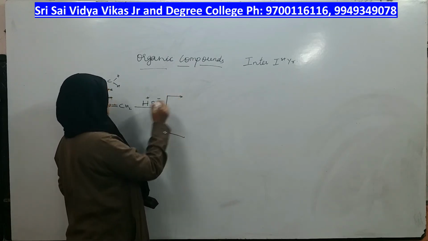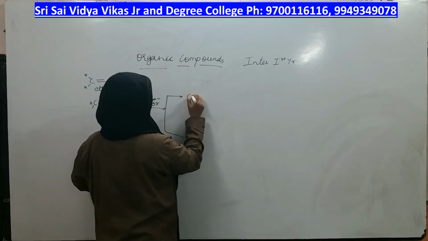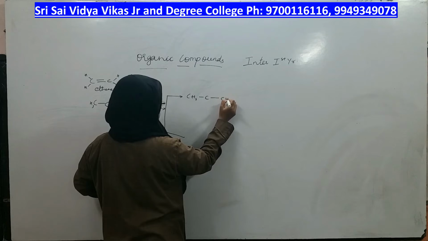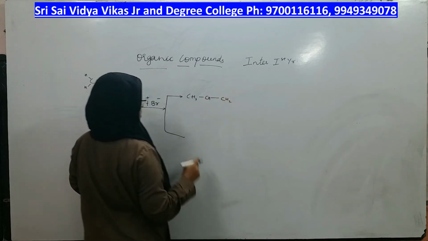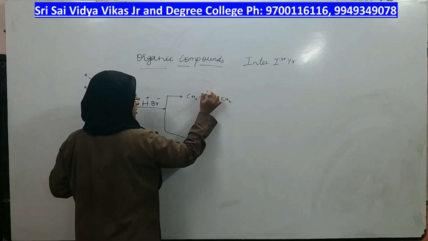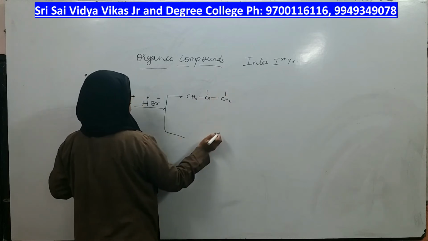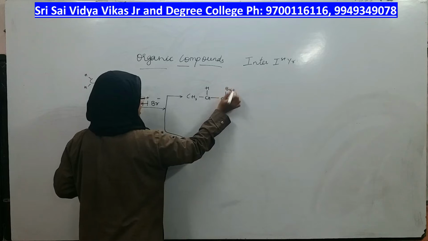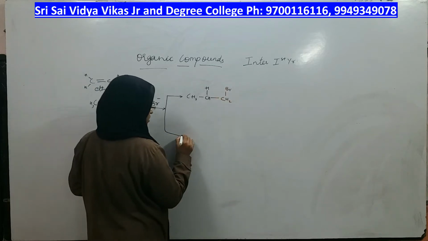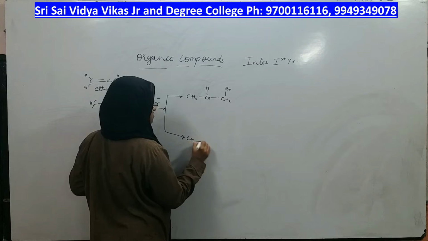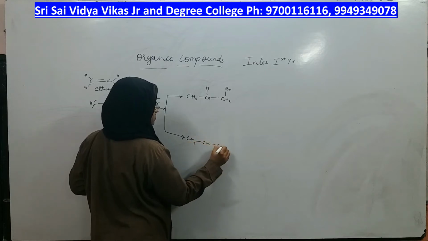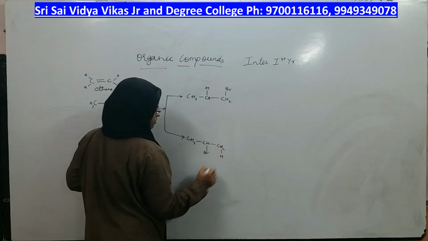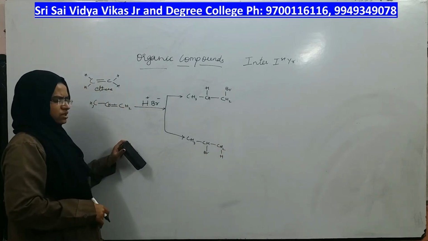What are those? CH3, right? This was the alkene. On this carbon one new bond, on this carbon one new bond. Hydrogen attaches here and bromine attaches here is one product, or bromine attaches here and hydrogen attaches here is another product, right?